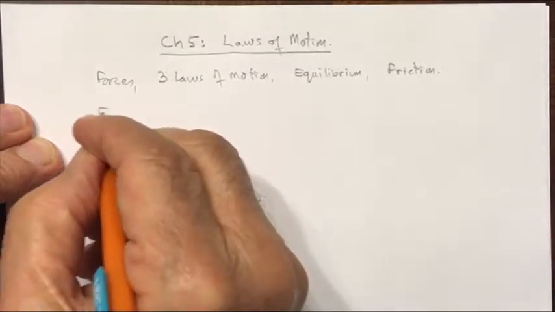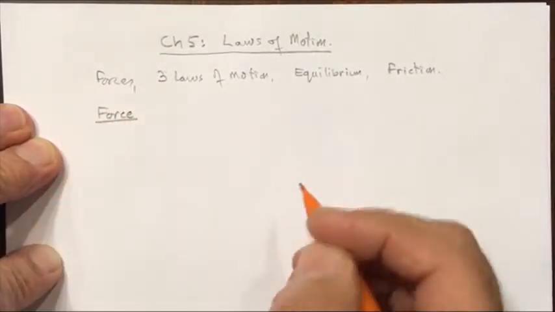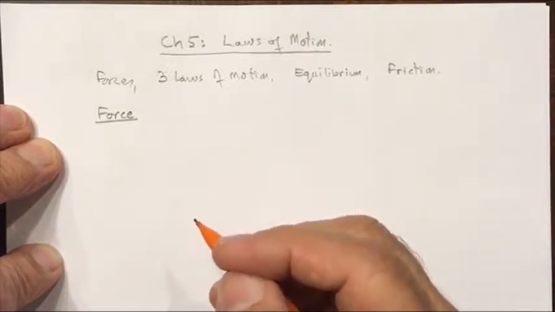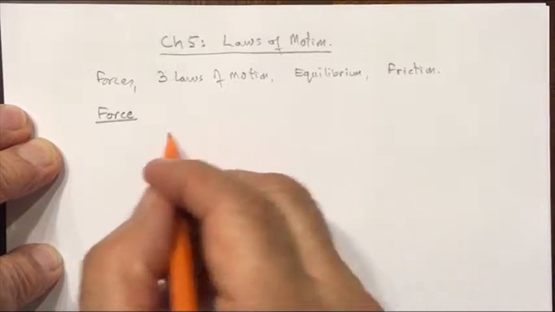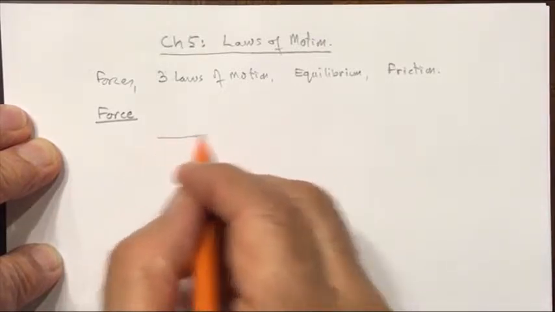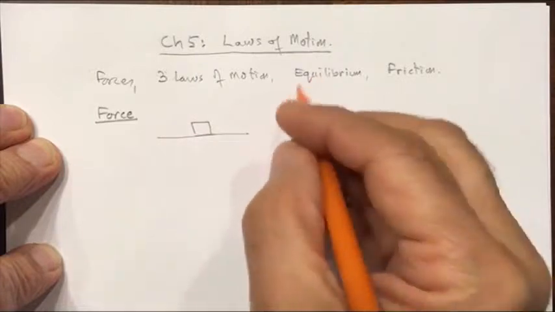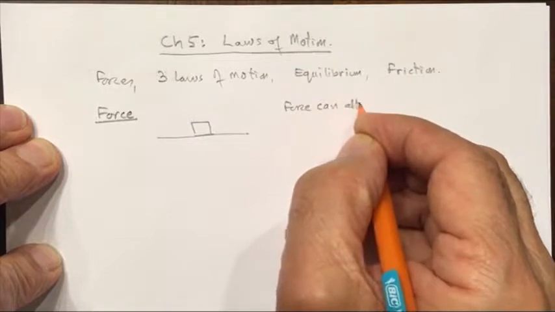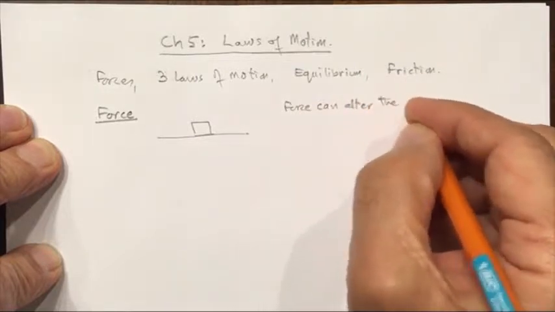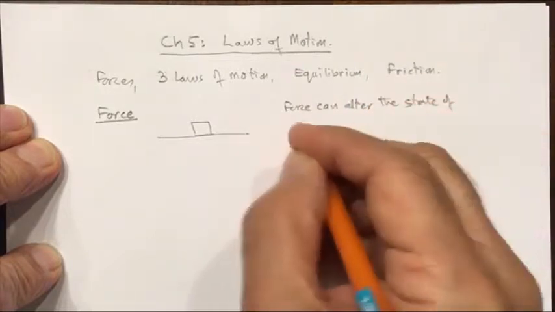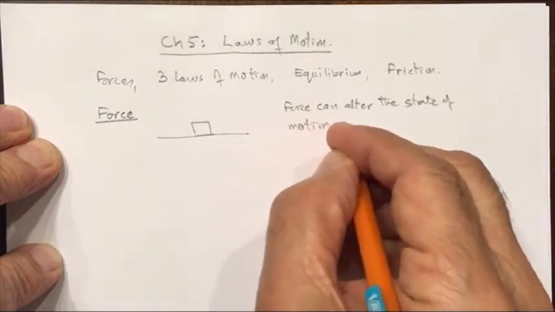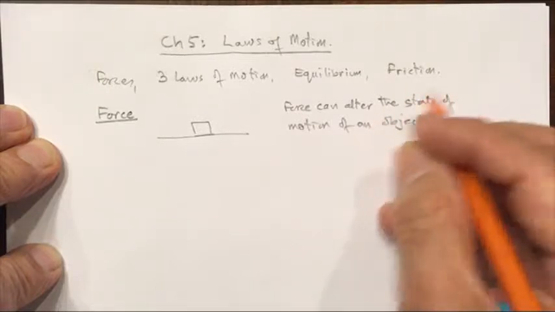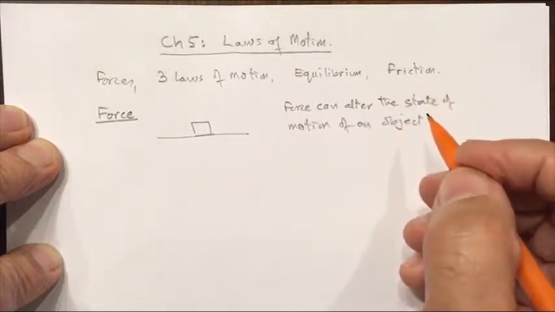So the first thing is, what is a force? A force can be defined as something that can alter the state of motion of an object. Force can alter or change the state of motion of an object, which means that if the object is stationary, a force can cause it to start moving.